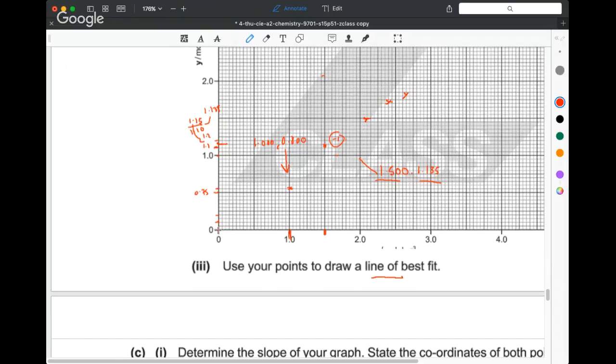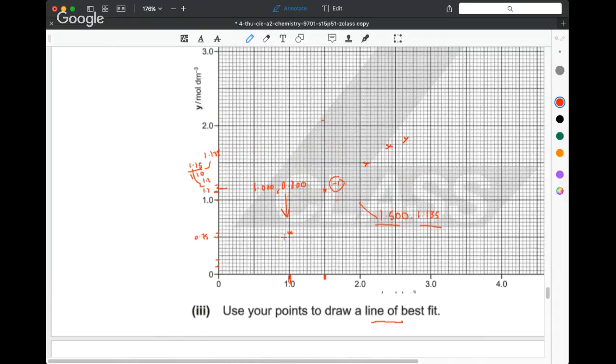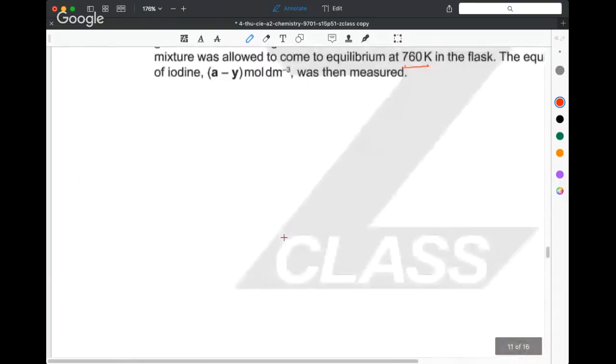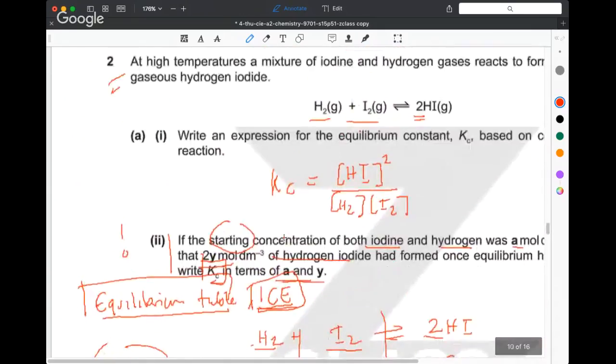And you know, don't you, that when this x-axis is 0, the x-axis represents, well, what does the x-axis represent? Come on, let's scroll down.